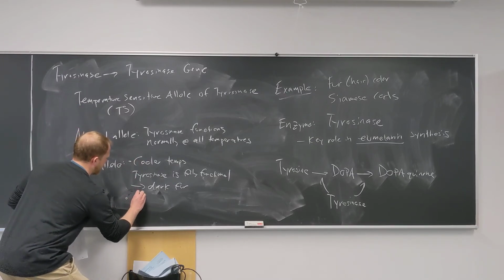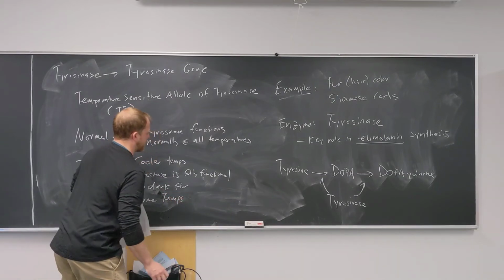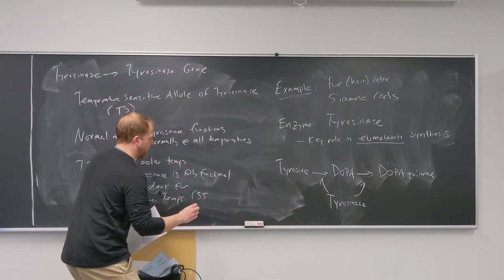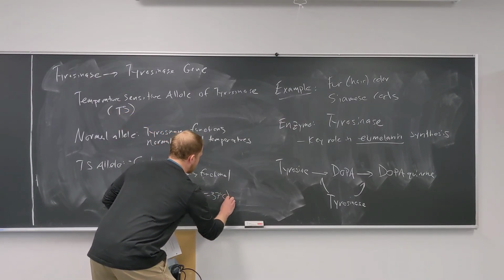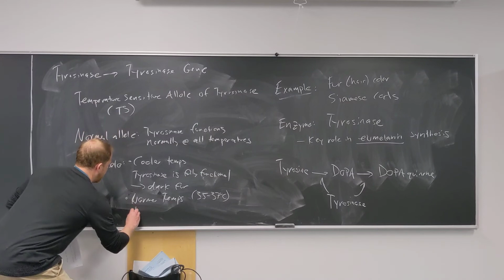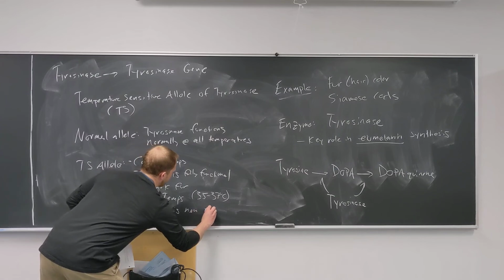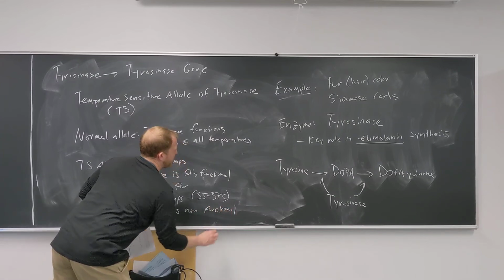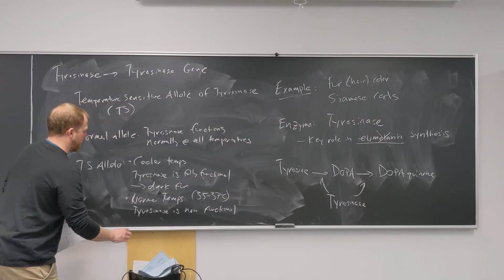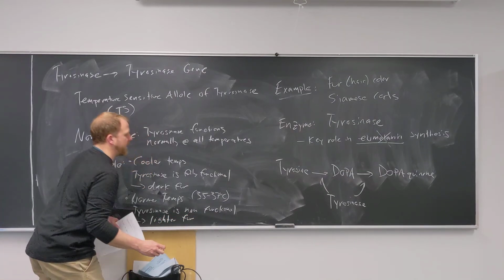But at higher, warmer temperatures, and just for reference, this is around 35 to 37 degrees Celsius, which is about body temperature, tyrosinase is non-functional, which means it doesn't make eumelanin at warmer temperatures, which leads to lighter fur.